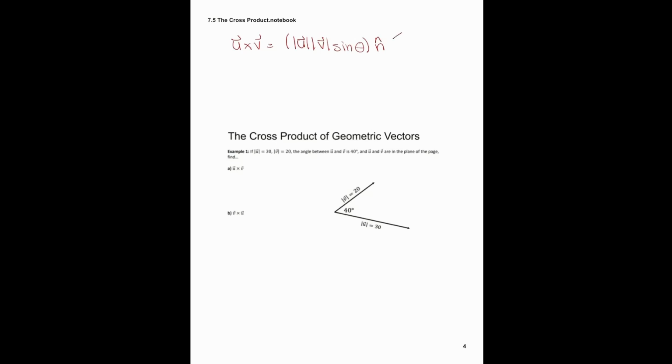And just as a reminder, unit vector n will be positive if it's out of the page, according to the right-hand rule, and it will be negative if it's into the page, according, again, to that right-hand rule. So here's our magnitude, and here's our direction.